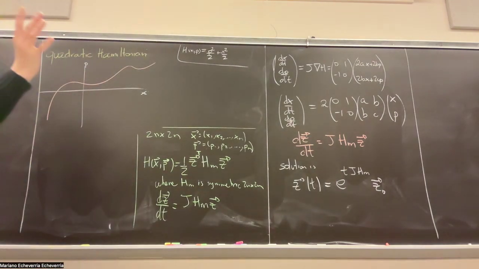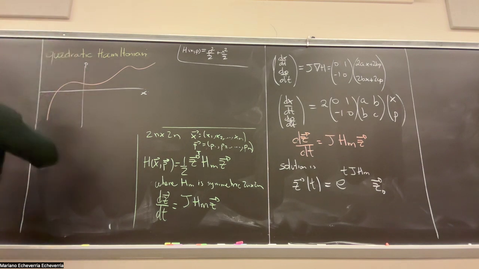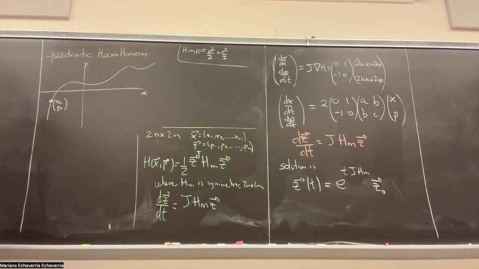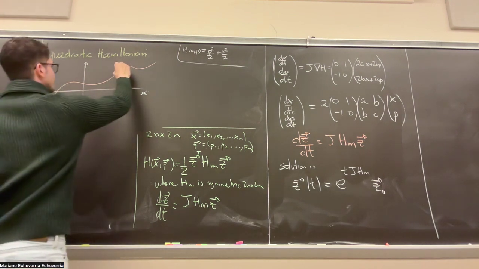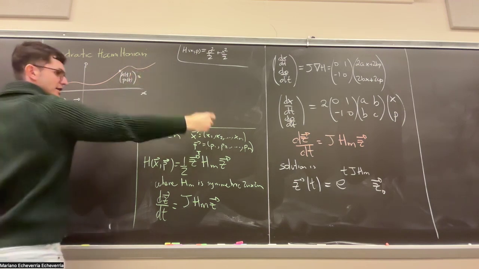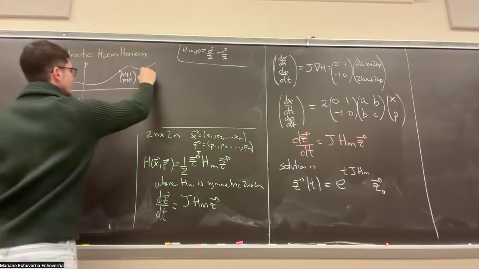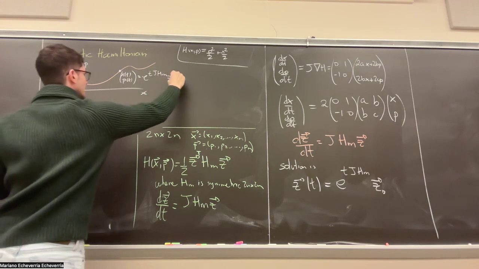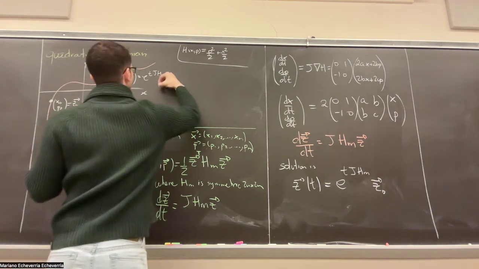So imagine that the initial momentum and position is a point on this curve, which is what I'm calling z naught. And so what I'm saying is that the position and momentum at time t is just the exponential of this matrix times z naught.